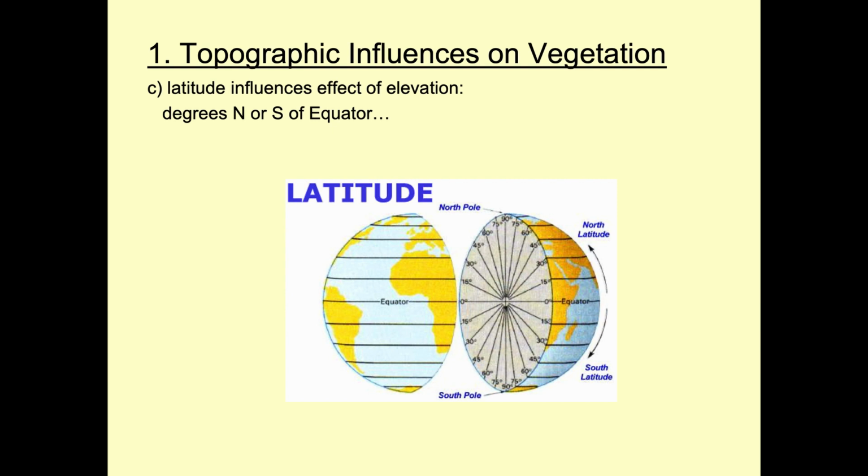We can't forget about how latitude influences vegetation type and how latitude actually influences the effect of elevation. At the equator, we have 0 degrees latitude, and as you increase the latitude, you're actually going to decrease in temperature.